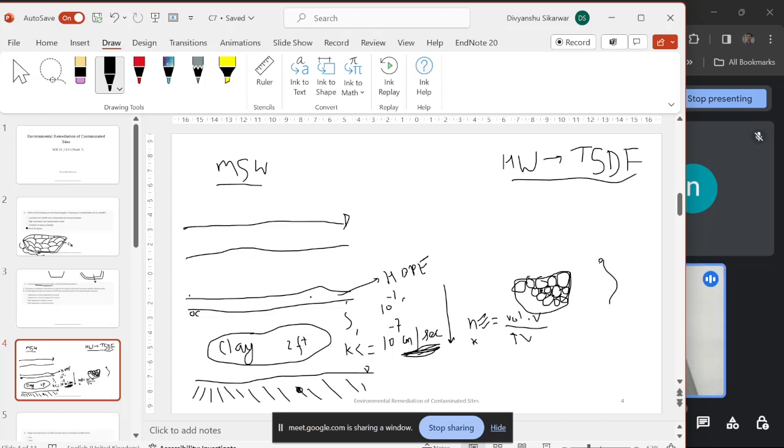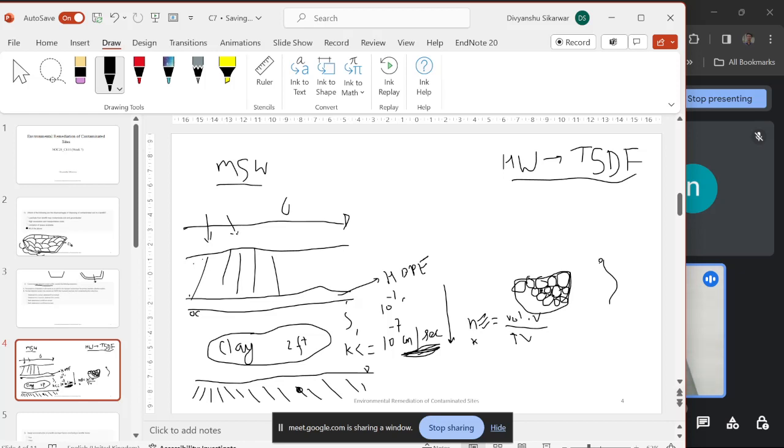Then above the HDPE, you have a drainage material like gravel. This layer is a sort of layer between the actual waste and the geomembrane. If you put gravel here, the leachate will pass, because it is porous, right?